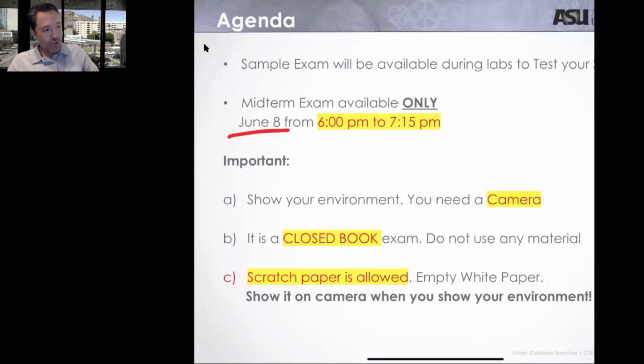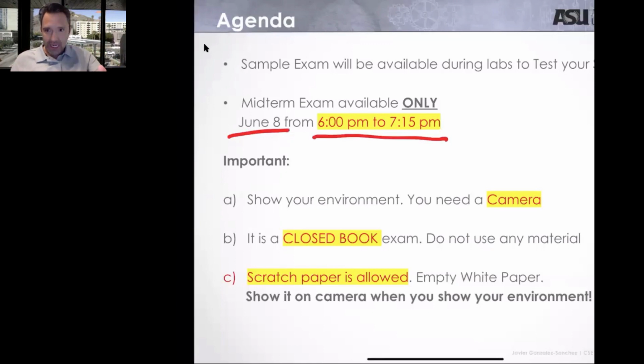The exam is going to open at 6 and is going to close at 7:15. The exam is 1 hour. So you have 1 hour for the exam. However, think about it. You are going to need 5 minutes, 10 minutes to follow the process that I described. The process of showing your ID to the camera, recording your desktop, and so on.